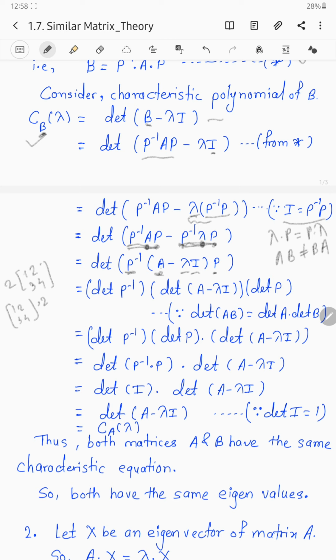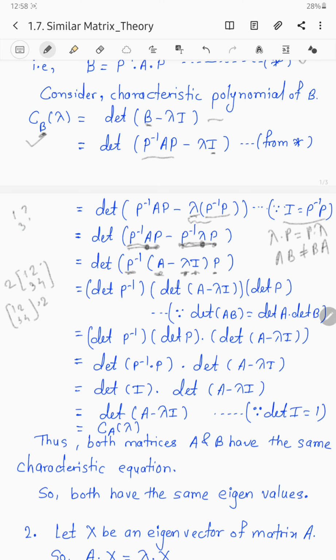Now this is a matrix. Lambda is a scalar value. So I need a matrix here, so I write down I. Due to I, lambda into I becomes a matrix. Subtraction of a matrix and a scalar value is not possible.